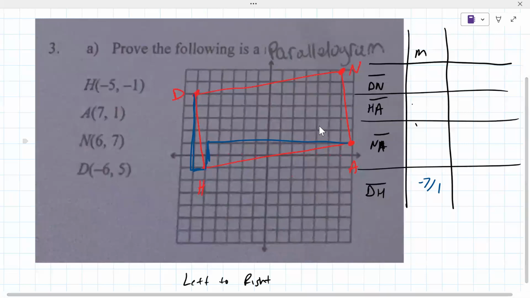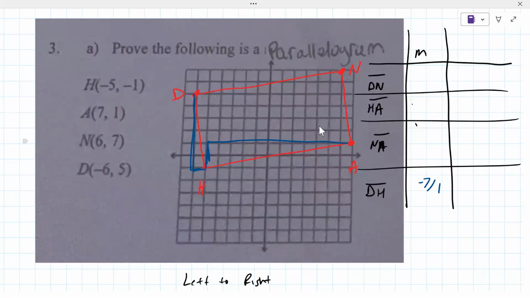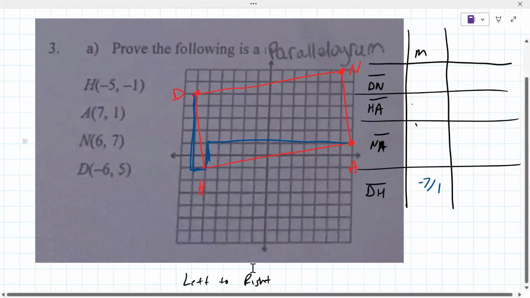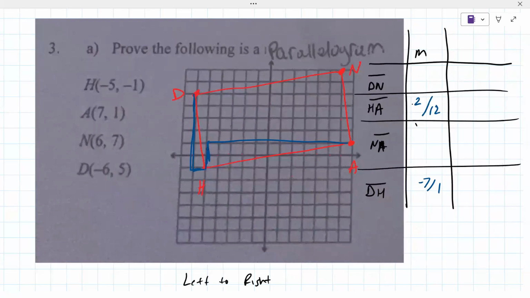That would be right 12 and down 2. It's got to be left to right. So it's up and down. It's always rise first. So rise up 2, and then right 12. We want to simplify that, but we'll come back to that in a moment.